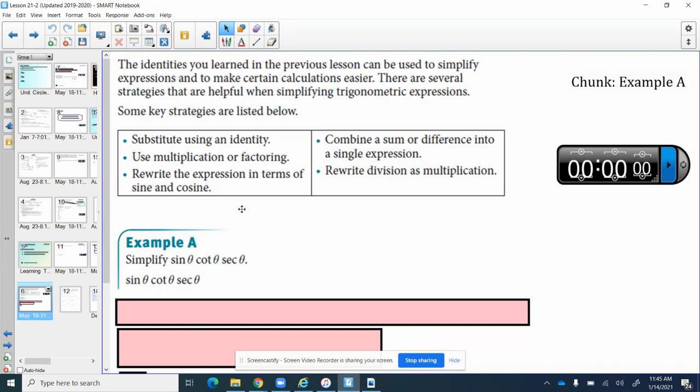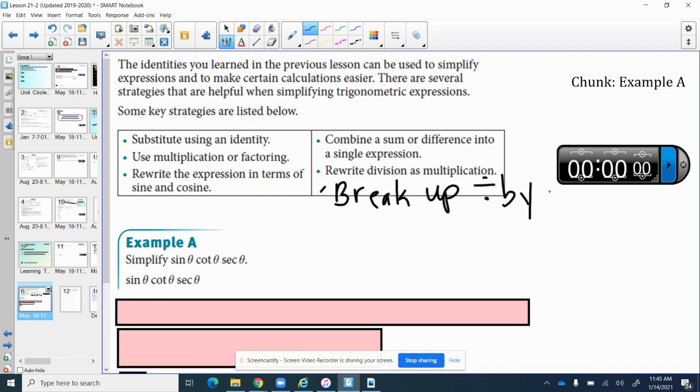Using multiplication or factoring, rewriting expressions in terms of sine and cosine, combining into a single expression, rewriting division as multiplication. And I also like to add in one last one, that's breaking up. Sometimes we'll see an example of this too, breaking up division by a single term into separate pieces.